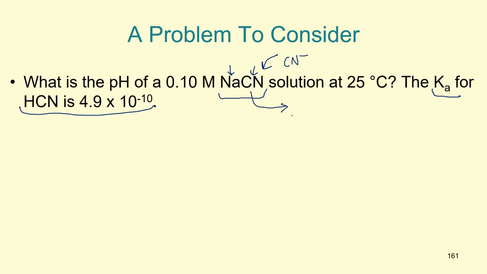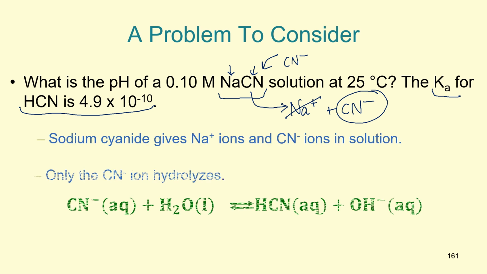So the first thing you want to do when you get a salt solution is analyze the two ions. We know that we can ignore the sodium because it comes from one of those 6 strong bases. So we're just going to be dealing with the CN negative, which is what's hanging around, so we're going to write the hydrolysis of CN negative in water. Here is that.